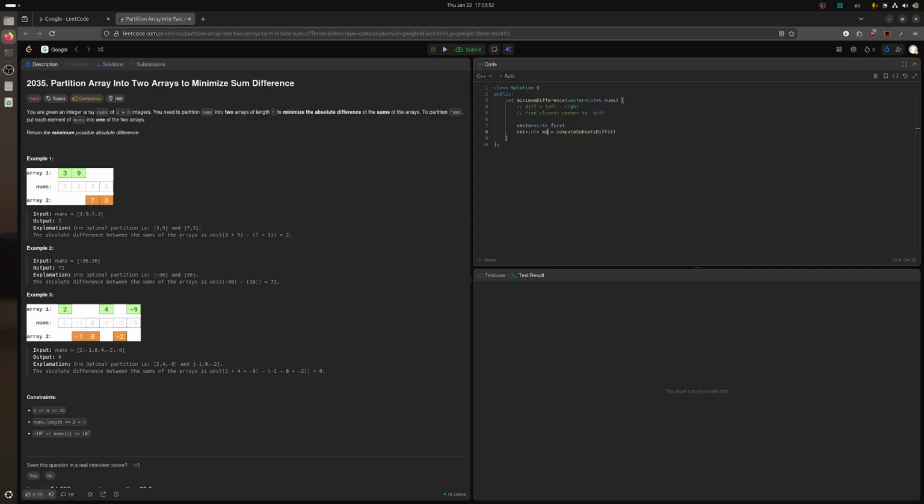Let's call this set first, subset diffs of first half. Let's do this.